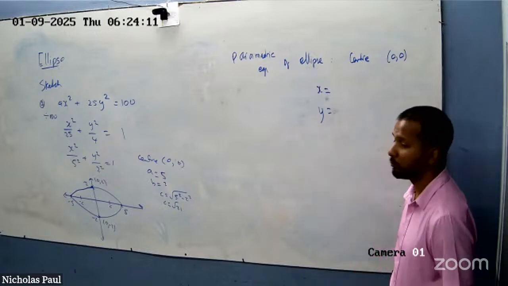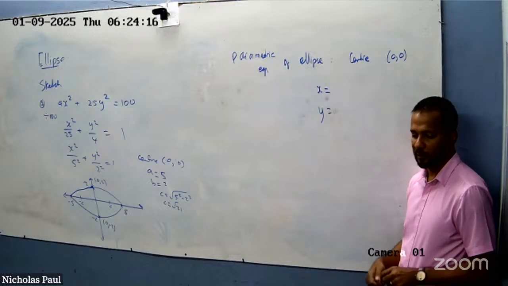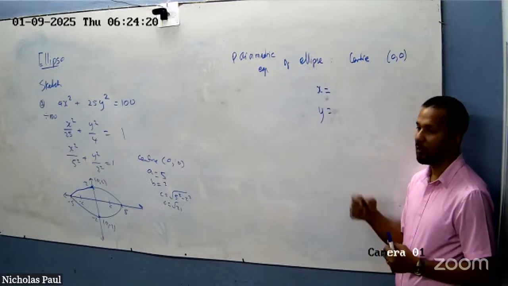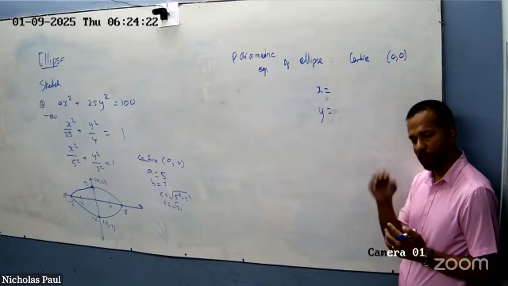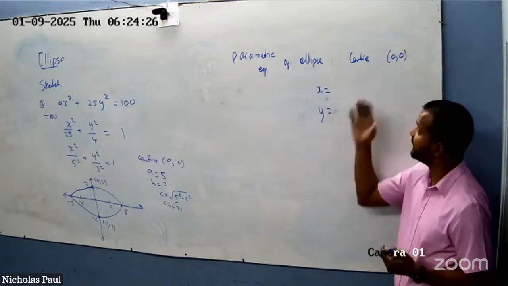Help me out now. Look back at the parametric for a circle and see if you can help me figure out the parametric for an ellipse with center 0, 0, right?